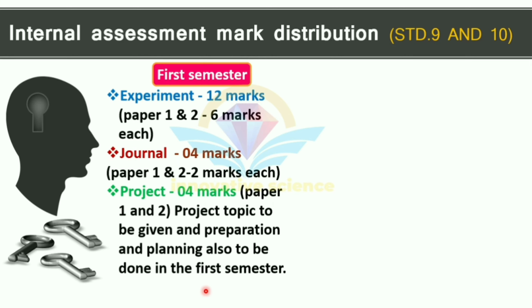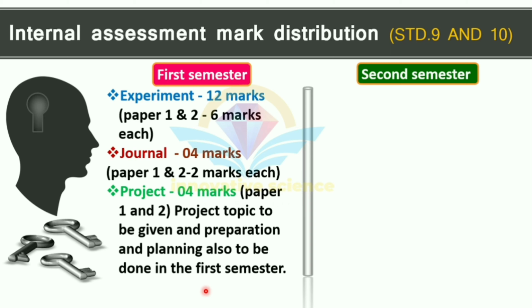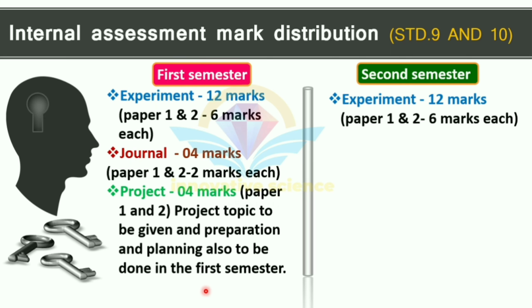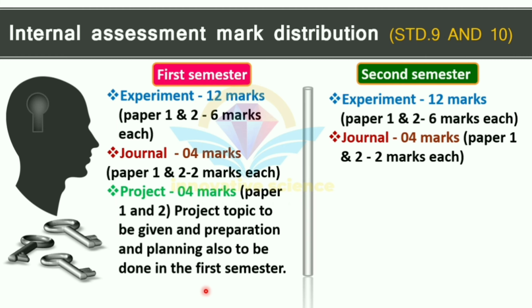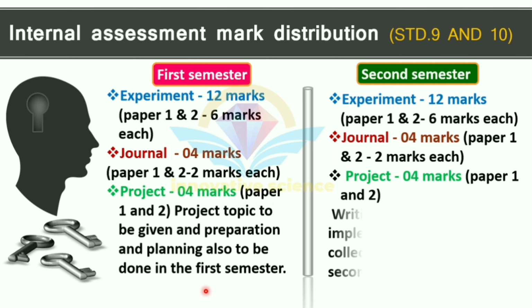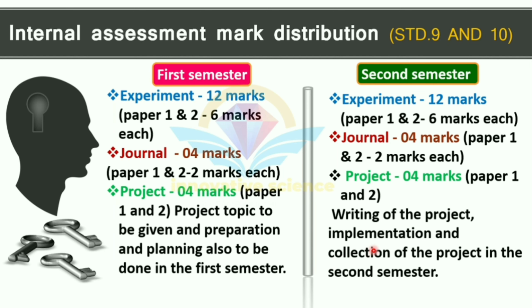Next, see now what is the second semester. In the second semester also, experiment contains 12 marks and journal has 4 marks. The difference in project in this semester is that you have to perform your project. That means performance means the implementation of your project.